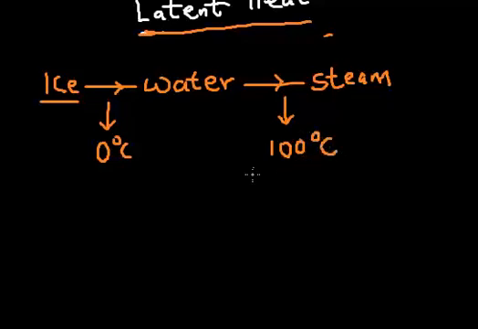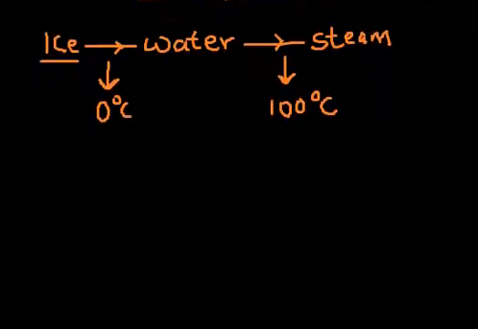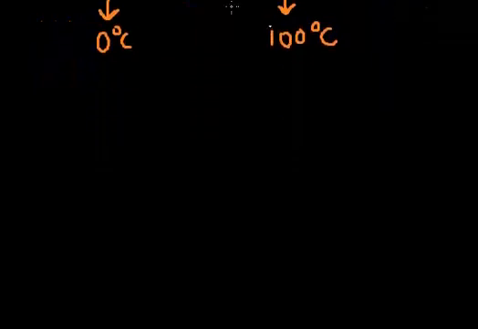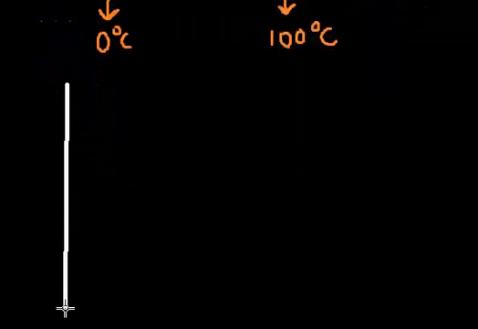All right, so the energy that is supplied for this change in state is hidden. Why is it called hidden? Because it doesn't show itself in any rise in temperature. How will I illustrate that? I will illustrate that using a graph of change in state.